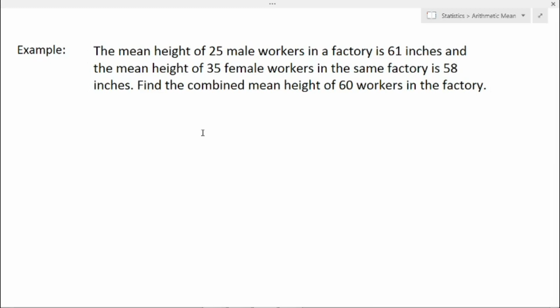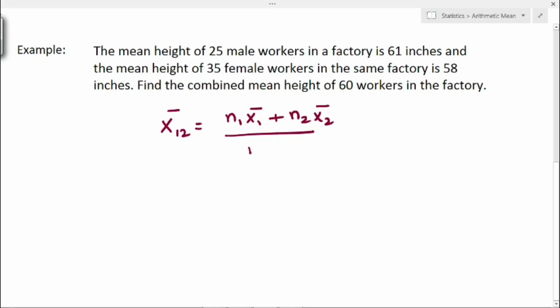So first we will write the formula. The formula for combined mean is x12 bar equals n1 x1 bar plus n2 x2 bar divided by n1 plus n2. First we will find the values of n1, n2, x1 bar, x2 bar. What is n1? n1 is the number of items of the first group.